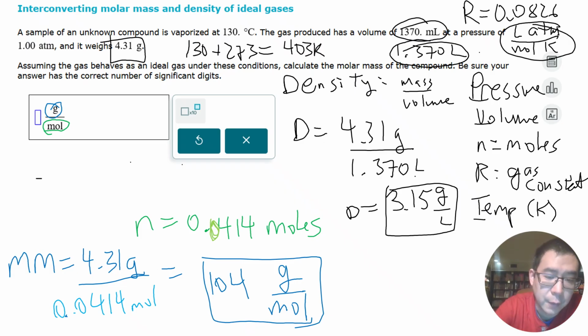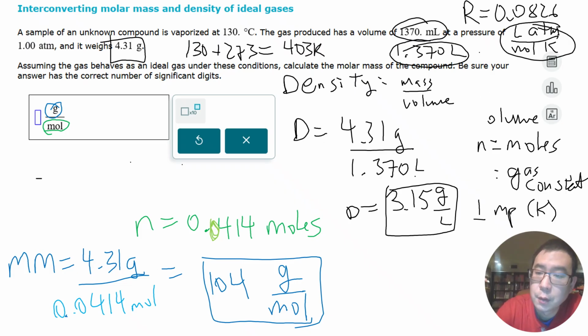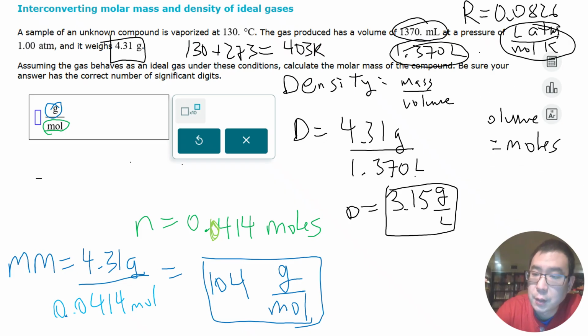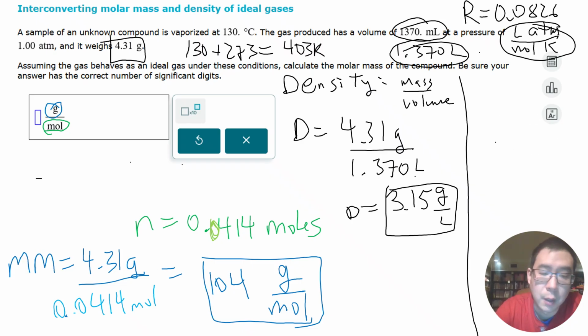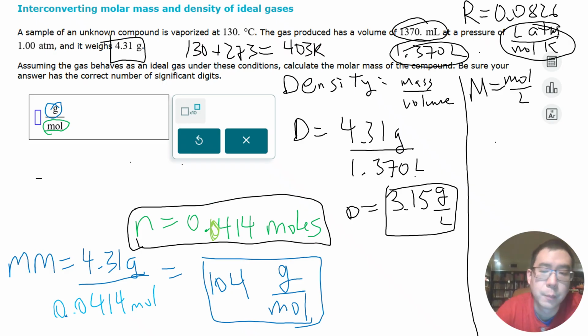Another thing that I can find is the molar concentration of the gas. Now, molar concentration is a concept that we learned when we were talking about solutions. What is molarity? Molarity, capital M, is moles per liter. Do we have moles? Sure, we calculated moles. That was the point of PV equals nRT.